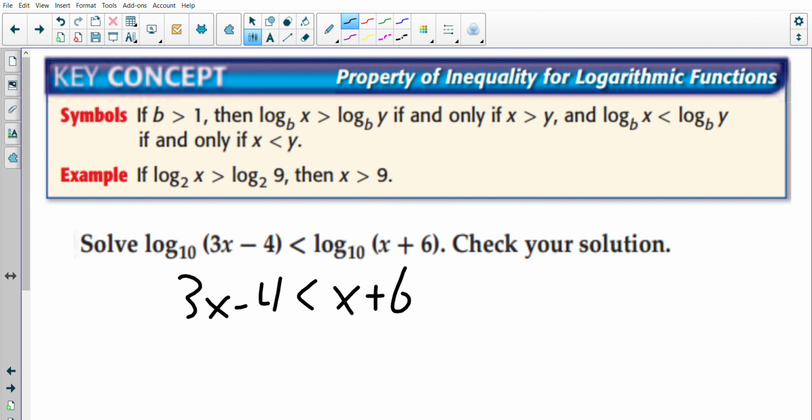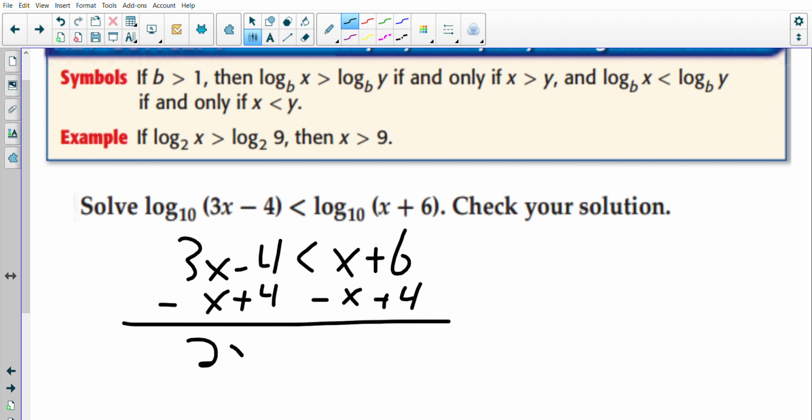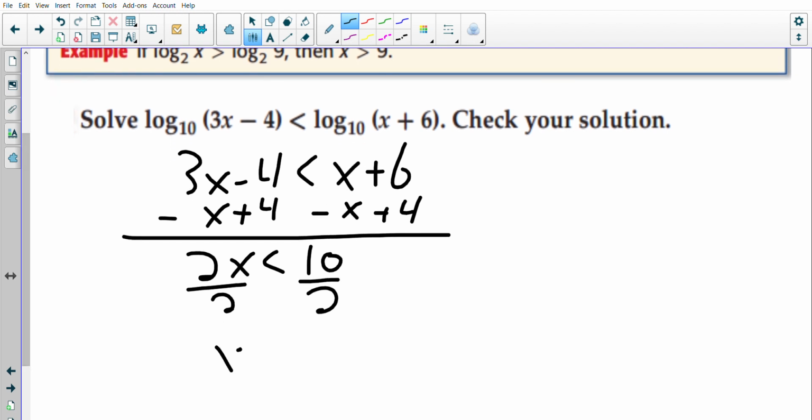We're going to subtract x from both sides and add 4. So I have 2x is less than 10, so divide by 2, so x is less than 5.